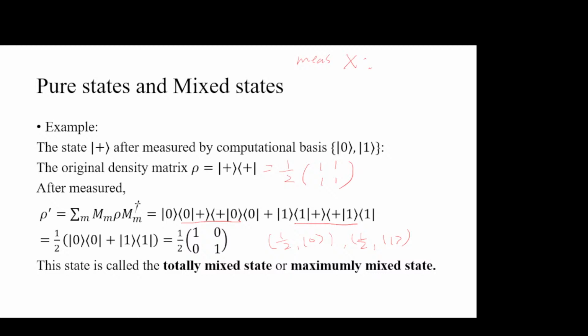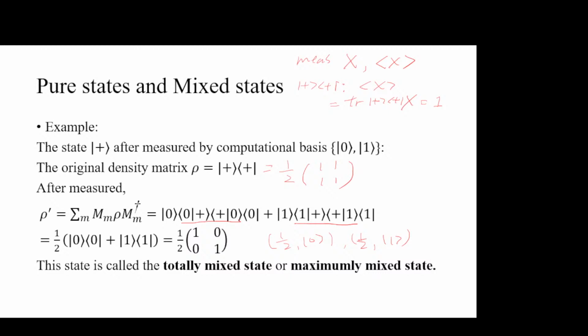Let's make it easy, and just see what the expectation value of x is. If your input state is |+⟩⟨+|, then the expectation of x is equal to the trace of |+⟩⟨+| times x, and this is equal to 1, because x on |+⟩ still equals |+⟩, and the trace of |+⟩⟨+| is just equal to 1.